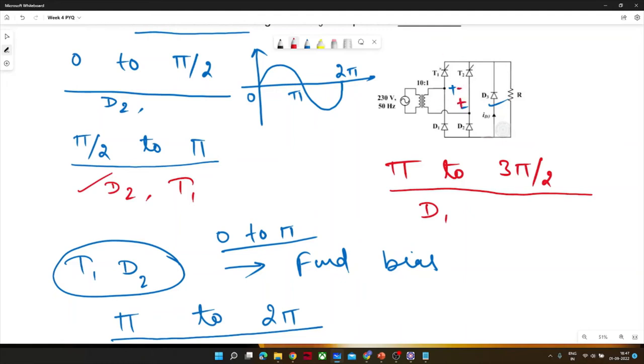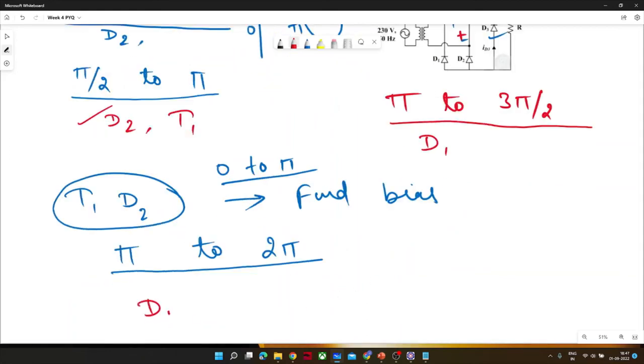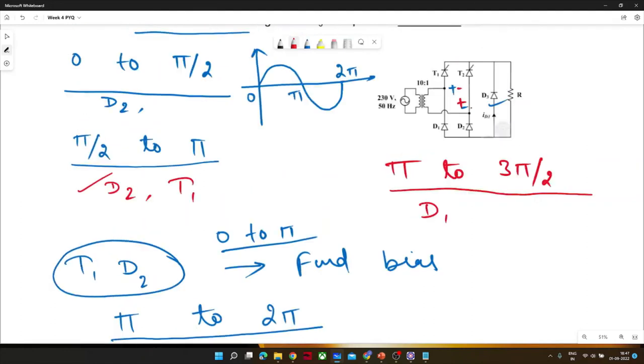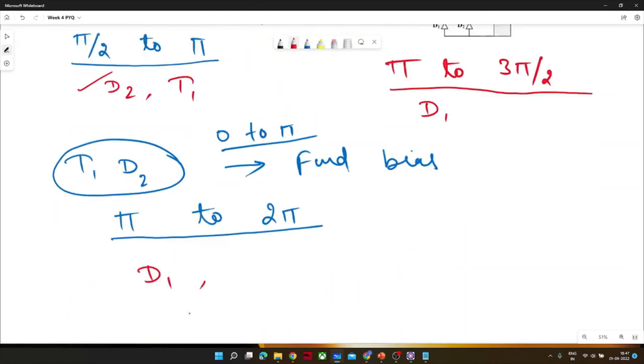So now T1 would be reverse biased and D1 would be forward biased, because the negative terminal is connected to D1. The positive terminal comes across T2, and the cathode of D2 is connected to the positive terminal, so D2 would be off. So D1 and T2 would be forward biased.